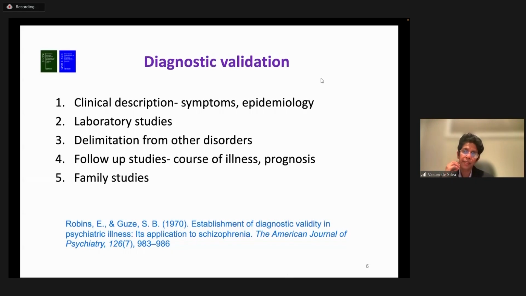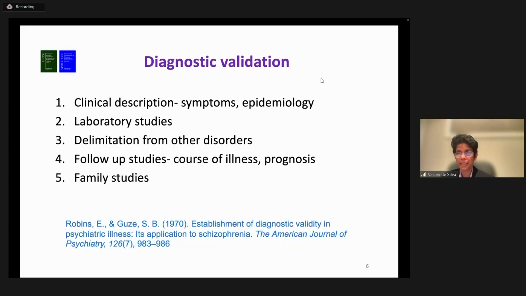So the first thing, like I said, is the clinical symptoms and maybe the epidemiology. If something is an illness, then it has to have a common epidemiology. The second thing is whether there are any laboratory studies which support the diagnosis. And sadly, we still don't have a lot. The third one is delimitation from other disorders.